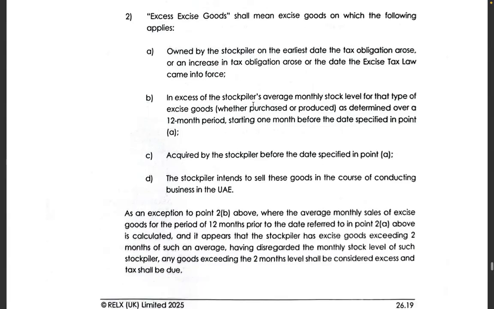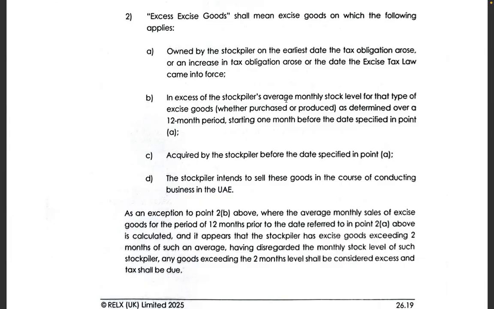In excess of the stockpiler's average monthly stock level for that type of excise goods, whether purchased or produced, as determined over a 12-month period, starting 1 month before the date specified in point A. So point A identifies the earliest date that the tax is applicable on excise goods.